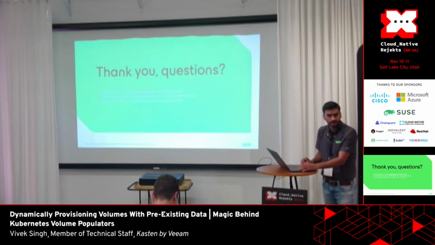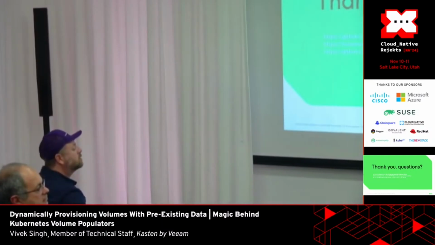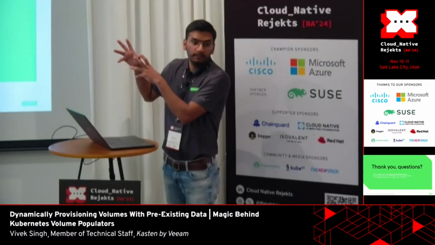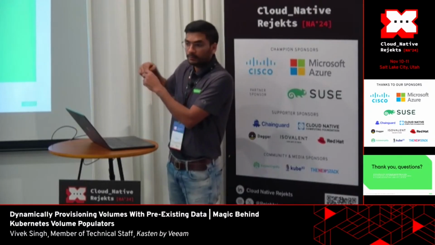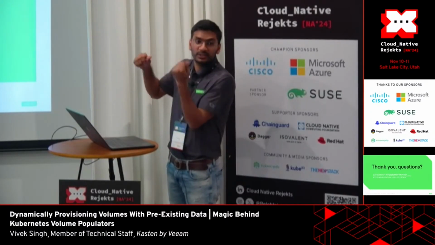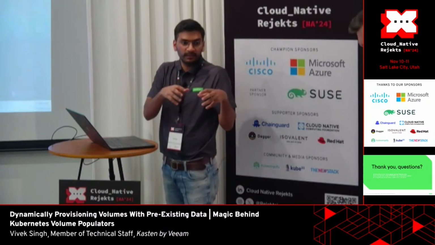I was just wondering what mechanisms exist to communicate back any issues with population, any error states or delays or things like that. Yeah. So I think when we write the populator pod, the temporary populator pod that was created by the controller pod, that can actually generate events for the application PVC, right?